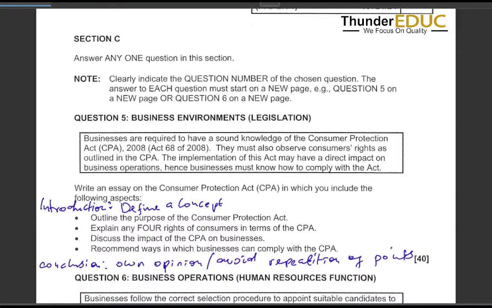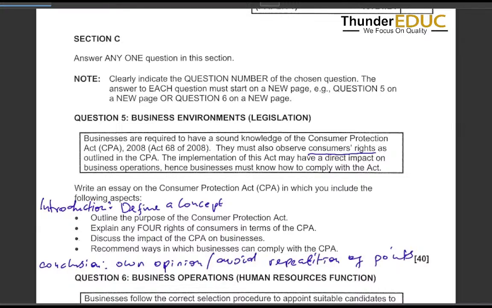Businesses are required to have a sound knowledge of the Consumer Protection Act, Act 68 of 2008. They must also observe consumers' rights as outlined in the Consumer Protection Act. The implementation of this act may have a direct impact on business operations. Hence, businesses must know how to comply with the act.